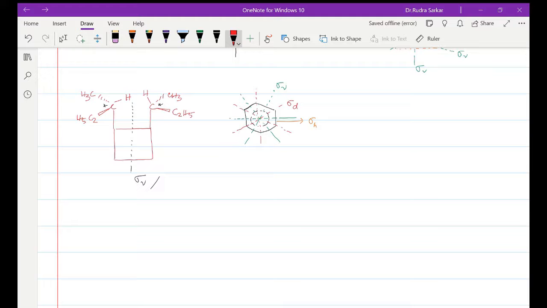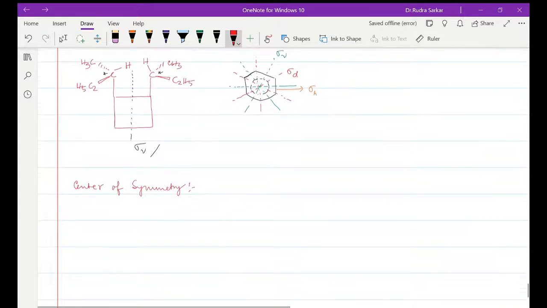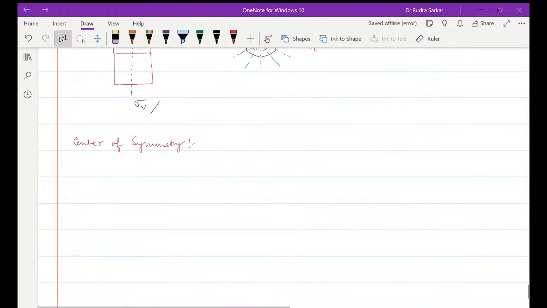Now let us consider center of symmetry. So again we are taking a derivatized cyclobutane as the example, and suppose we place one carbon here.